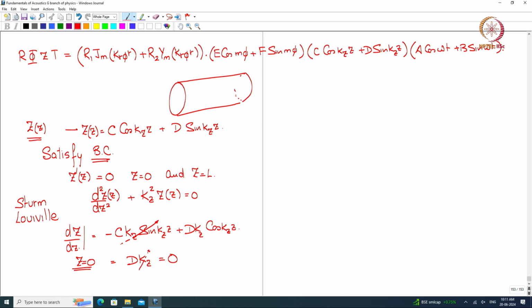So kz is not 0, but D is 0. So therefore, when D is 0, this term goes to 0. Okay, so let me see, Z of z is equal to C cos kz z.